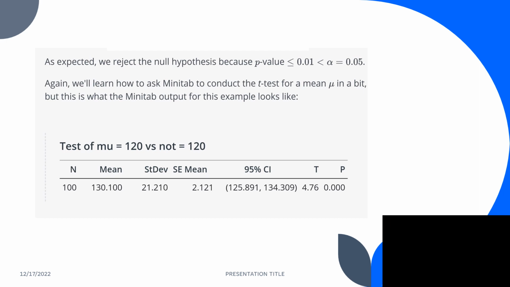Later we'll learn how to use software to conduct the test for a mean. But this is what the output for this example looks like: test of mu equals 120 versus not equal to 120. N is 100, mean 130.1, standard deviation 21.21, standard error of the mean 2.121, 95% confidence interval 125.891 to 134.279, and the t is 4.76, with probability 0.